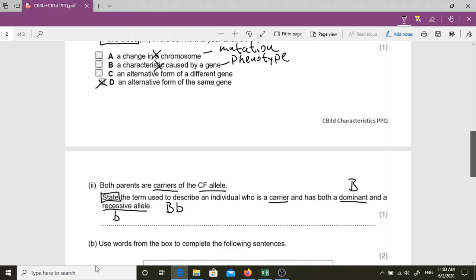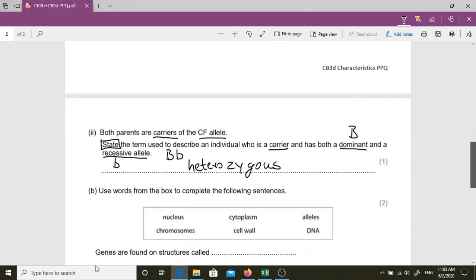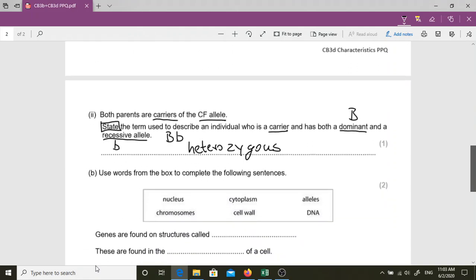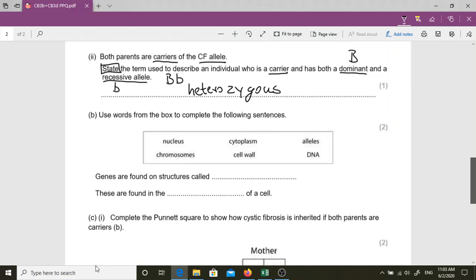And so we have two different alleles, and the name for two different alleles is heterozygous. That is a term for having the dominant and the recessive allele. And we're going to move on to B.